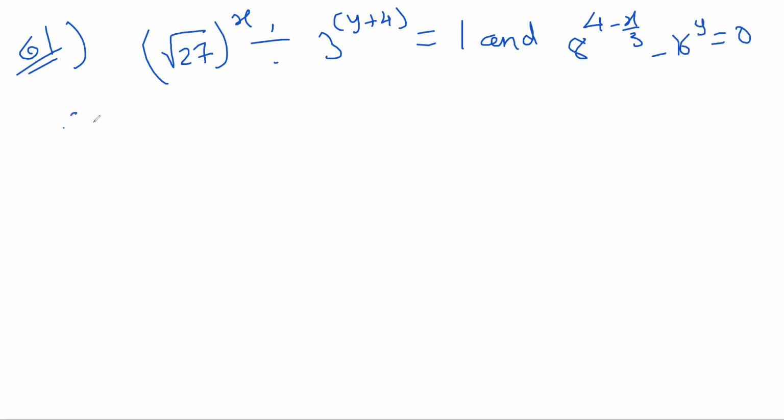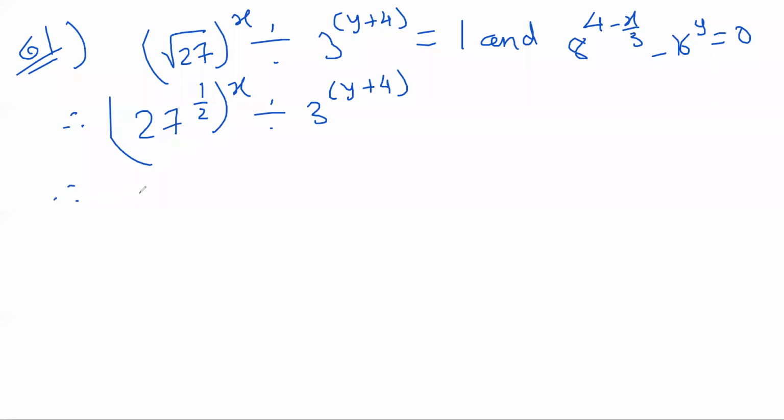Tell me what you do here. 27 raised to 1 upon 2. Okay, 27 raised to 1 upon 2 raised to x divided by 3 raised to y plus 4. Correct. But what is 27? 3 cube, right? Here I can write x by 2, isn't it?